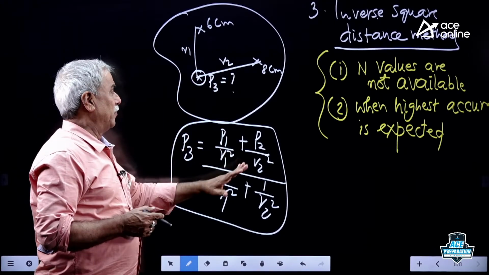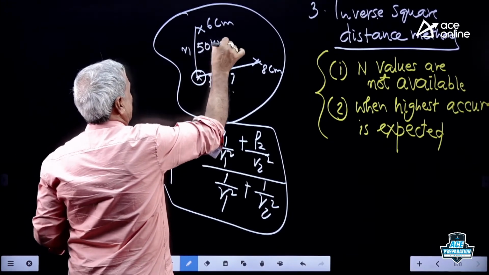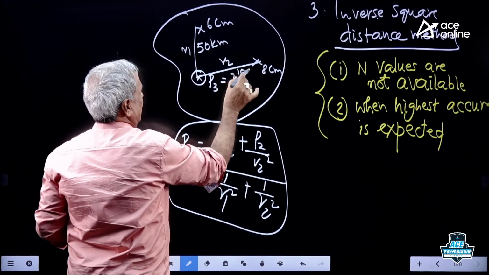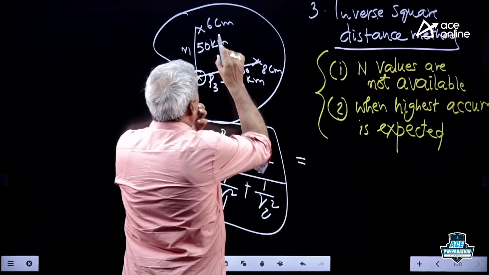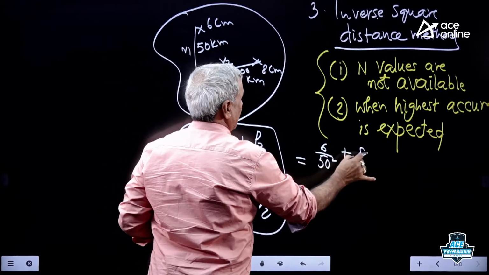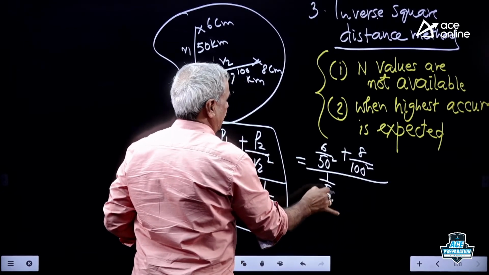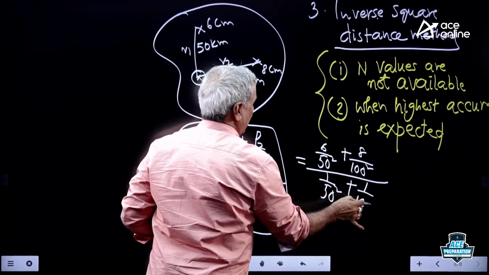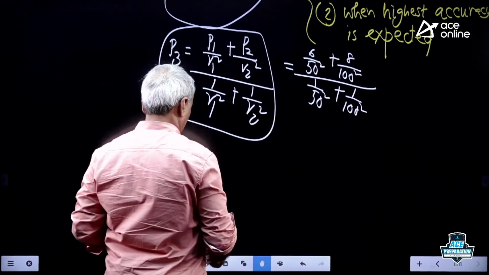The simple formula we get, imagine this is 50 kilometers, say this is 100 kilometers distance. I can get the answer very easily. 6 divided by 50 square, 8 divided by 100 square, divided by 1 by 50 square plus 1 by 100 square. Straight away you will get the value very easily.